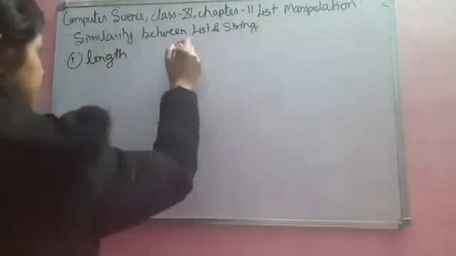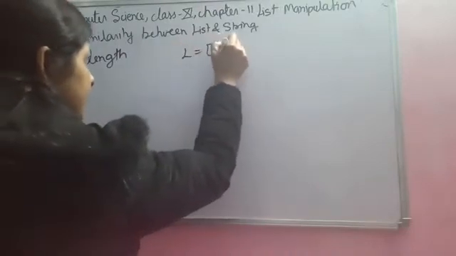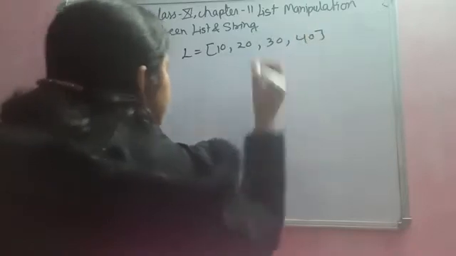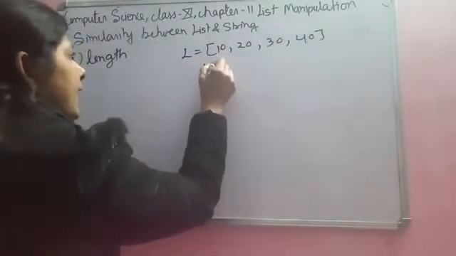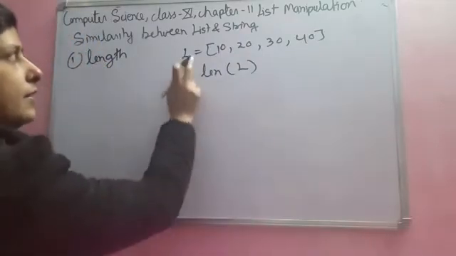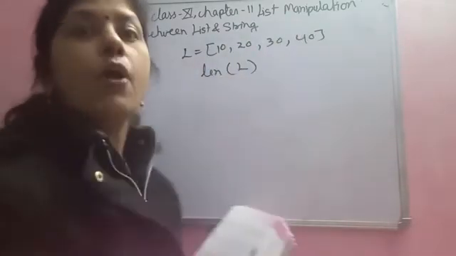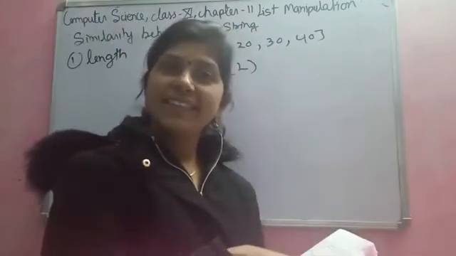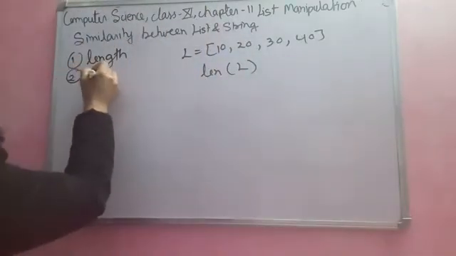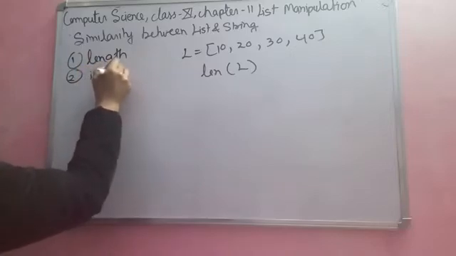Like this, L is equal to 10, 20, 30, 40. There is a list. If you are telling len(L), it returns the length of the list, means 4. Same as string, right? Second, indexing and slicing.